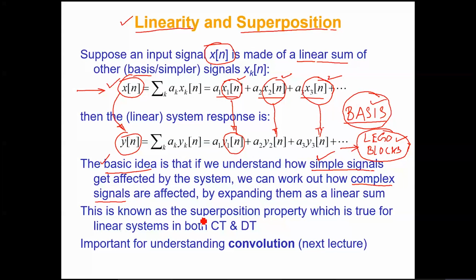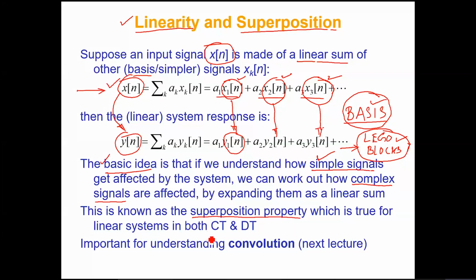Now this is the superposition property that we see here, that we can consider complex signals as being made up of simple signals superimposed, or a superposition of simple signals giving us more complex signals. So we break up the complex signals into simple signals, find out the response for simple signals, and then find out the response for more complex signals summed together.